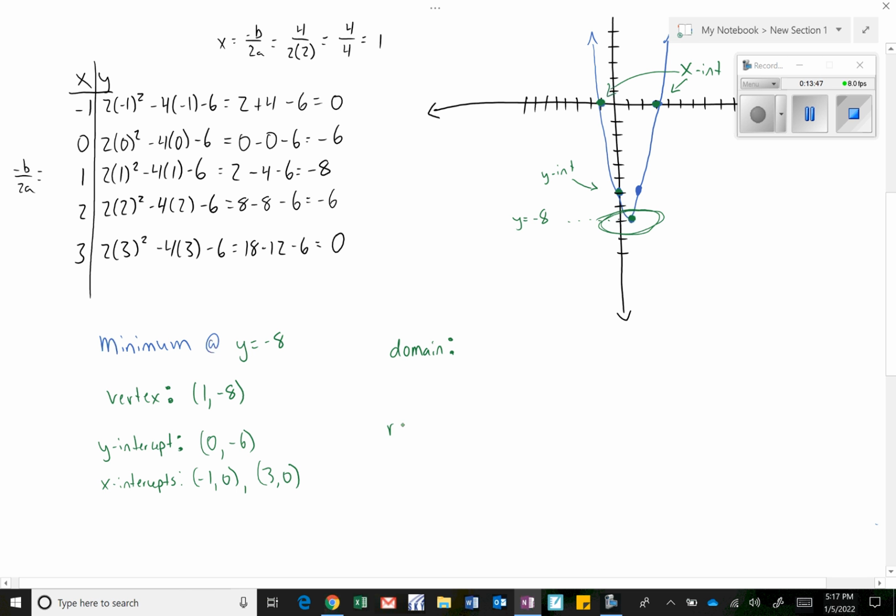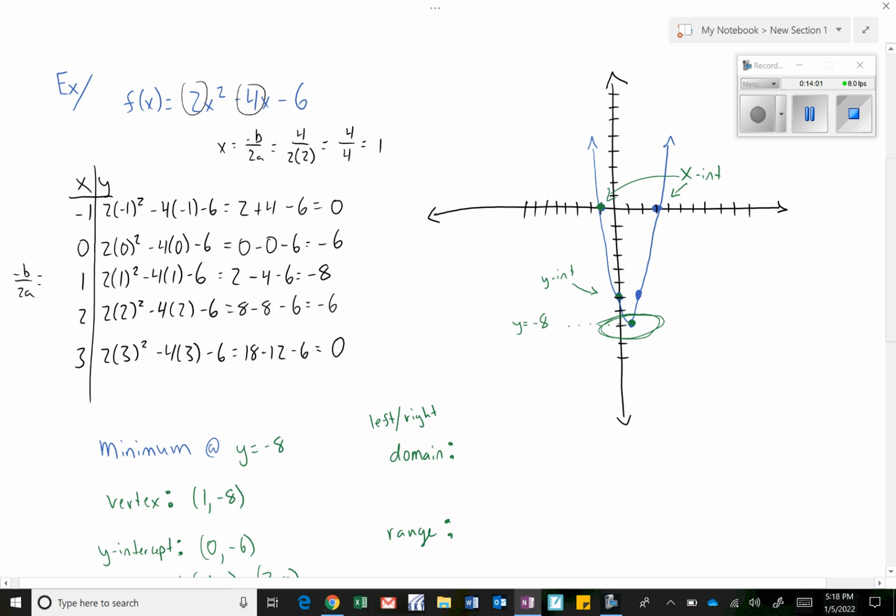Okay. I could even go a little bit further, and I could talk about our domain and, of course, our range. These are things we've done a few times in the past. So domain, remember that is left to right, how far left the graph goes and how far right it goes. So for domain, we have arrows. This arrow on the left side here is actually going up and towards the left forever. And this arrow on the right side is going up and to the right forever.